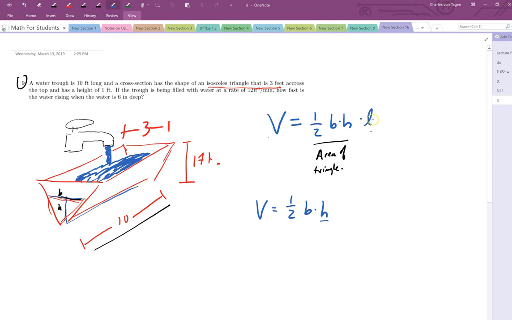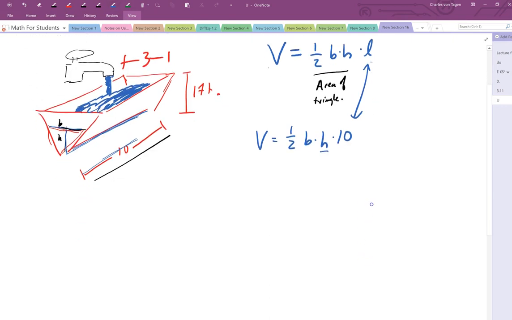Well, the length isn't going to change, because the water is simply filling the space of the container, and the container has a fixed length of 10 feet. So we could go ahead and replace this with a 10 here, because that length is not changing.